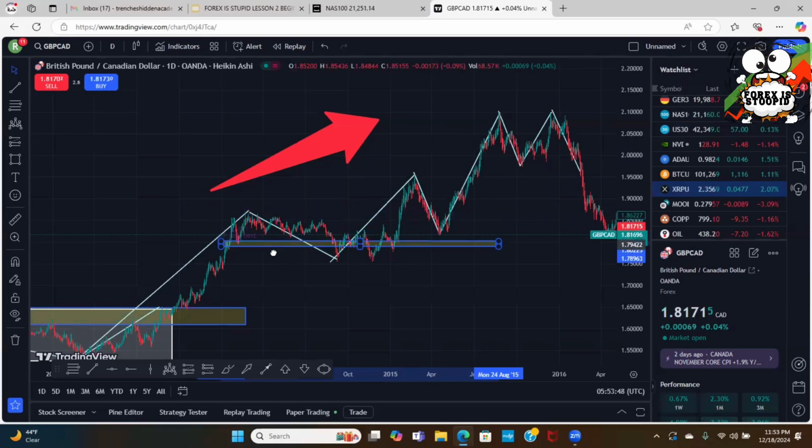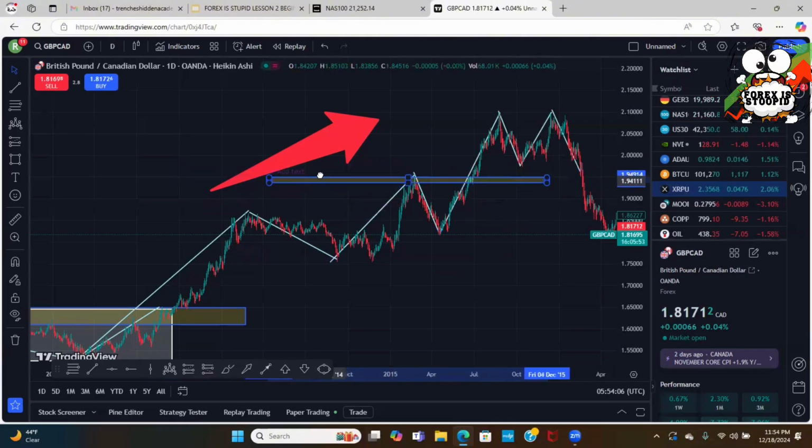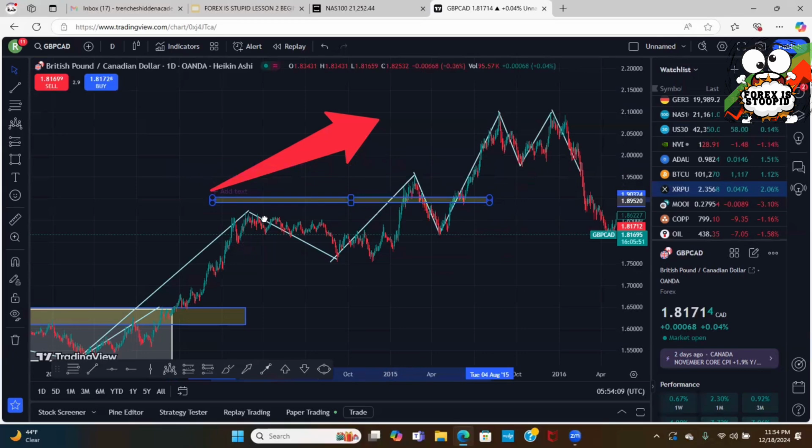Same here, I meant. Price sold all the way down, created a new low, and then bought all the way back up. Right, so this is a new high, followed by a lower low. See what I'm going at here?